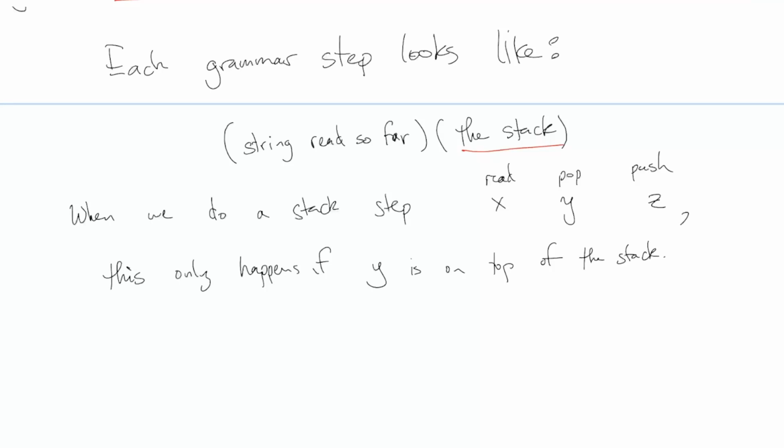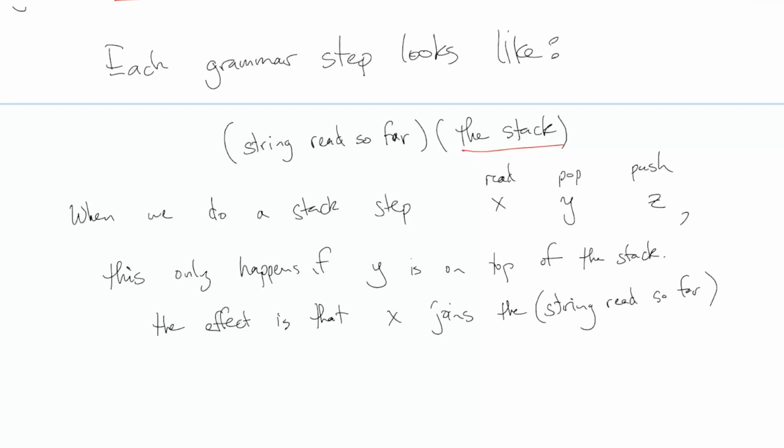And the effect of that is that after you do that stack rule, you read the X, which in the context of the grammar means X joins the string, the parenthetical portion, the string read so far, right?